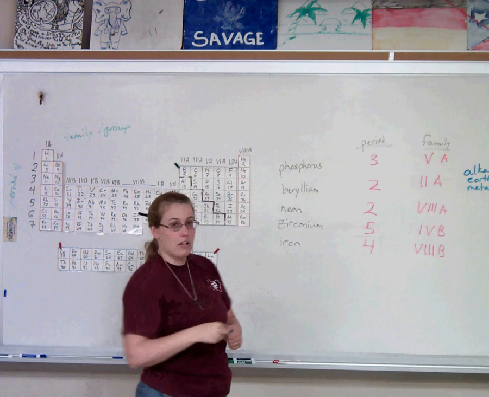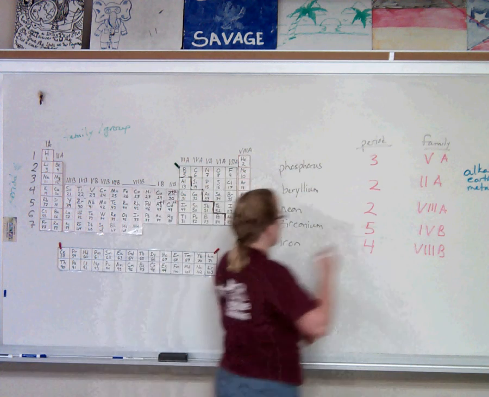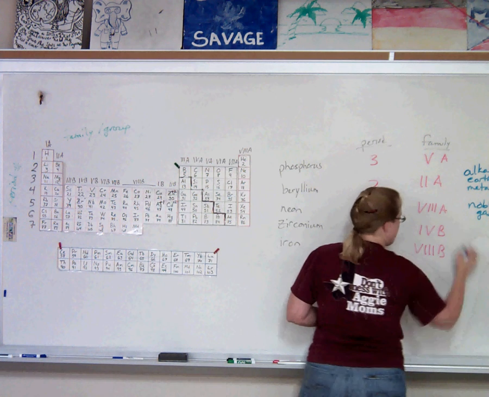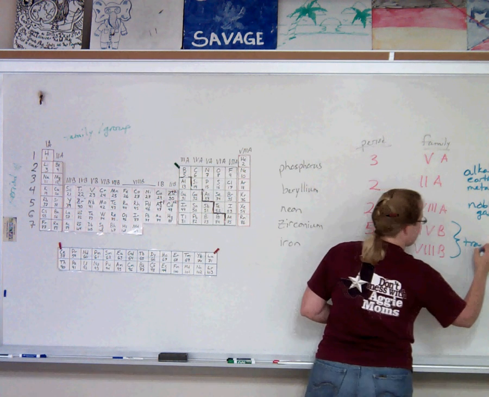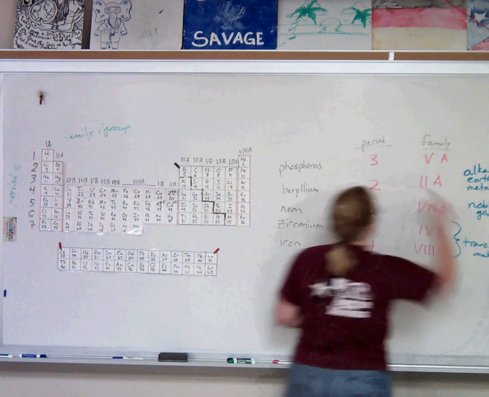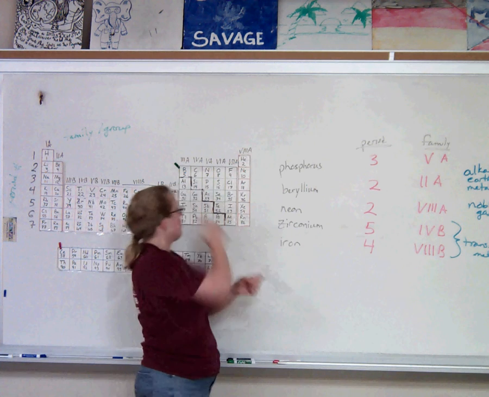If you're writing on the test and you write the wrong one, you're not going to get credit. Neon is in our noble gas family. And as we said before, these guys are transition metals. That's not in a particular special family, it's just a non-metal, because it's to the right of the stairs.